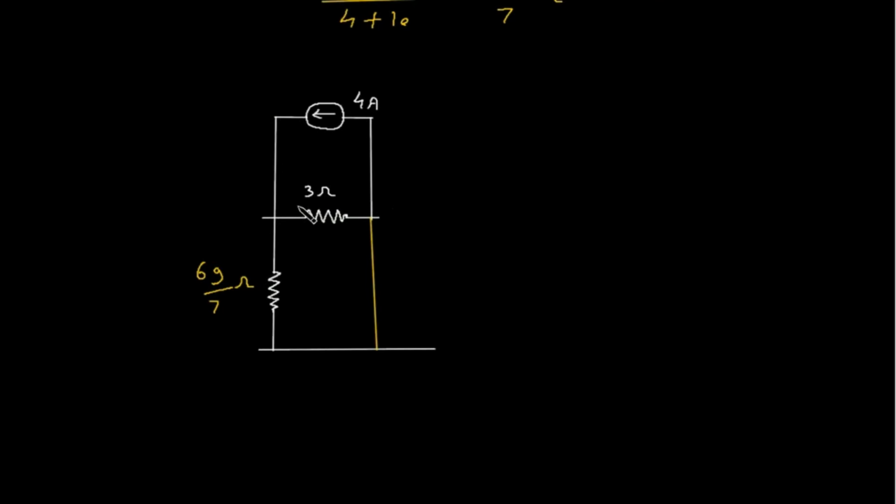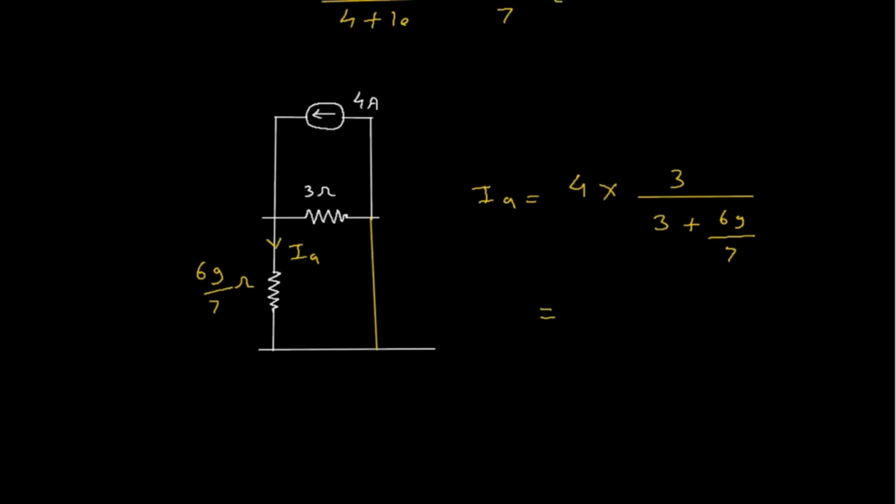Now first we will find this current. Let's say this is current IA. So IA is equal to this current, which is 4 ampere, into opposite branch resistance, which is 3 ohm, by total 3 plus 69 by 7.